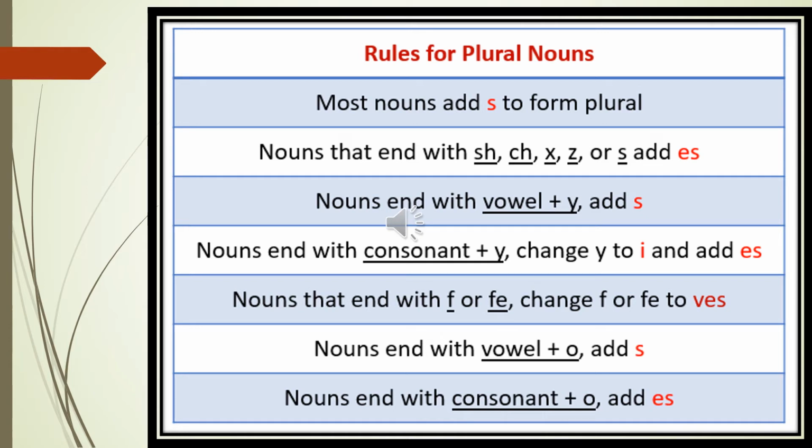Nouns that end with consonant plus y change y to i and add es. Nouns that end with f or fe change f or fe to ves, like just now I told you knife changes into knives. Nouns that end with vowel plus o add s. Nouns that end with consonant plus o add es. We have to remember these rules.